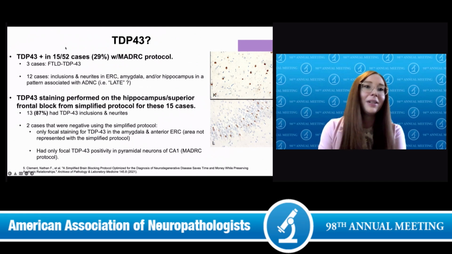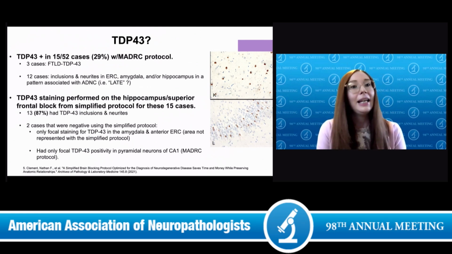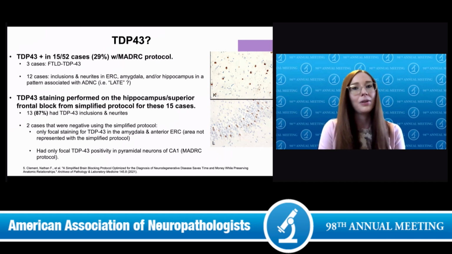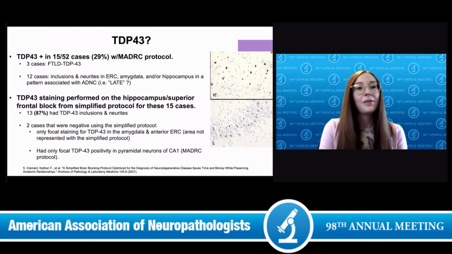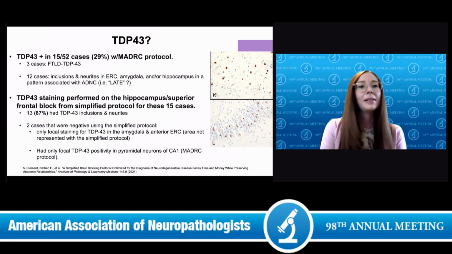So they specifically assessed TDP-43, which we hadn't done previously, in these 52 cases, and 15 of them were determined to be immunoreactive for pathologic TDP-43 with their comprehensive ADRC protocol, 3 of which were described as FTLD TDP-43 and 12 described as inclusions in neurites in entorhinal cortex, amygdala, and/or hippocampus in a pattern associated with Alzheimer's disease neuropathologic change.